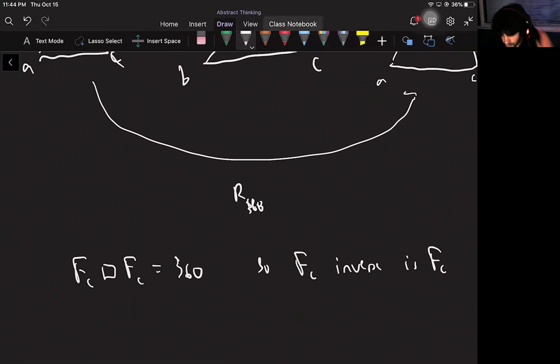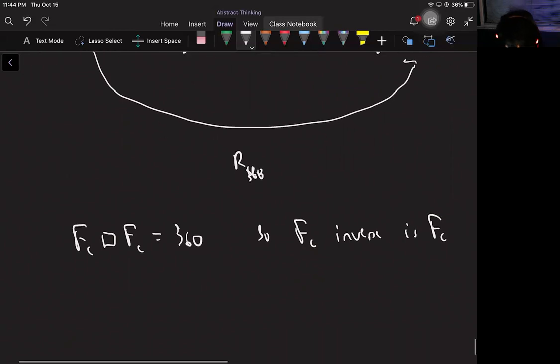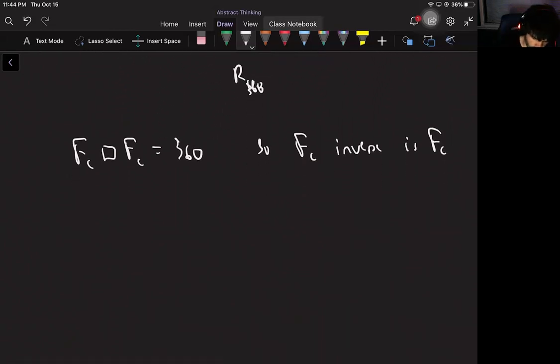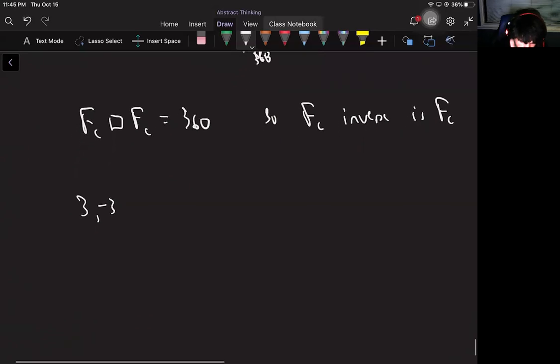Which is a bit weird, because that doesn't happen in numbers very often. For numbers, what's the inverse of 3? It's -3. It's not the same thing. The only time it's the same is for 0. 0 plus 0 is 0, so 0 is the inverse of 0 for addition.